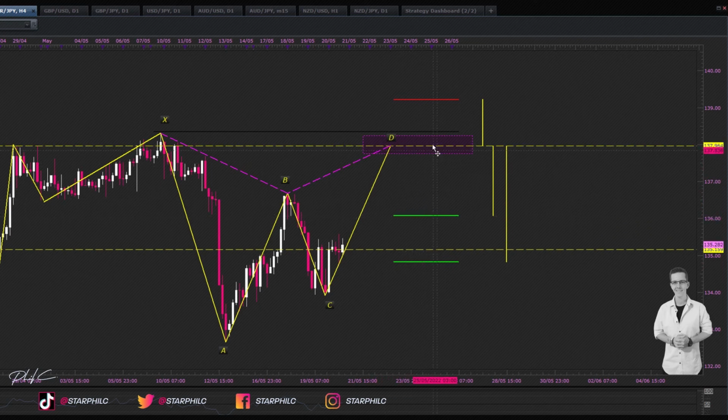When did it hit target? When did it hit stop? Which session time was it? Was it Tokyo, Oceanic, London session, New York? Which session was it? So now you're finding out when and where the pattern completes, and when and where you have a good win ratio on the pattern.